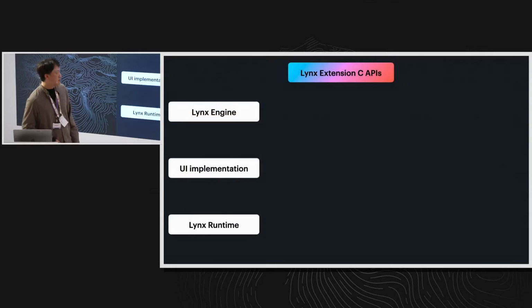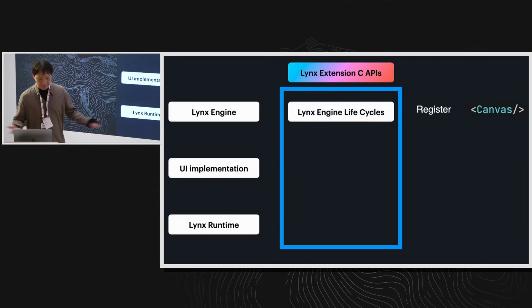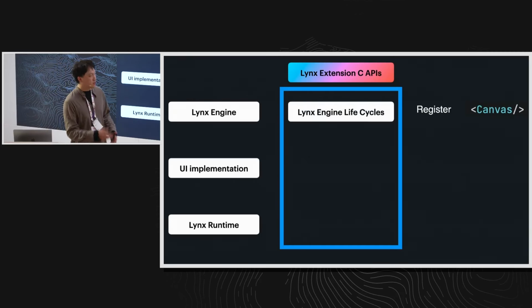But with Lynx, just as a native UI renderer, we are providing the extension C APIs, which provide our life cycles, where the extension maker can register their extension or do some initialization.